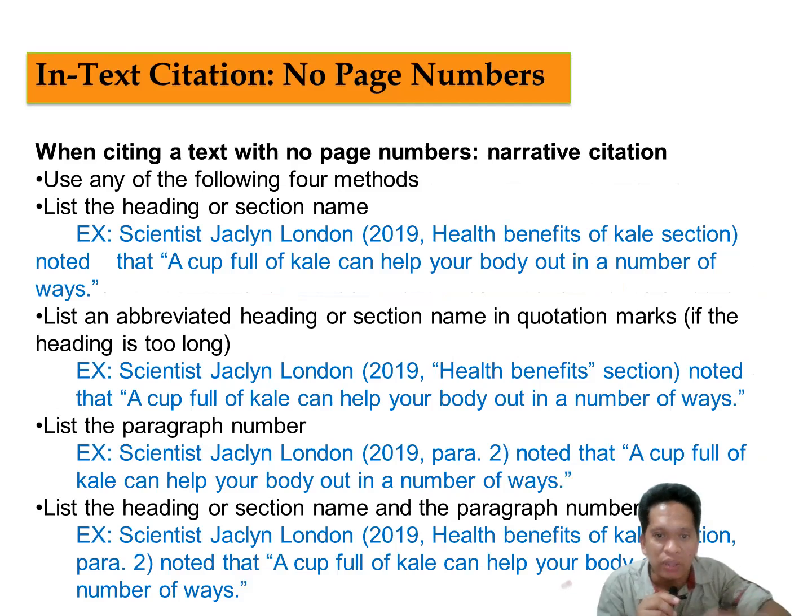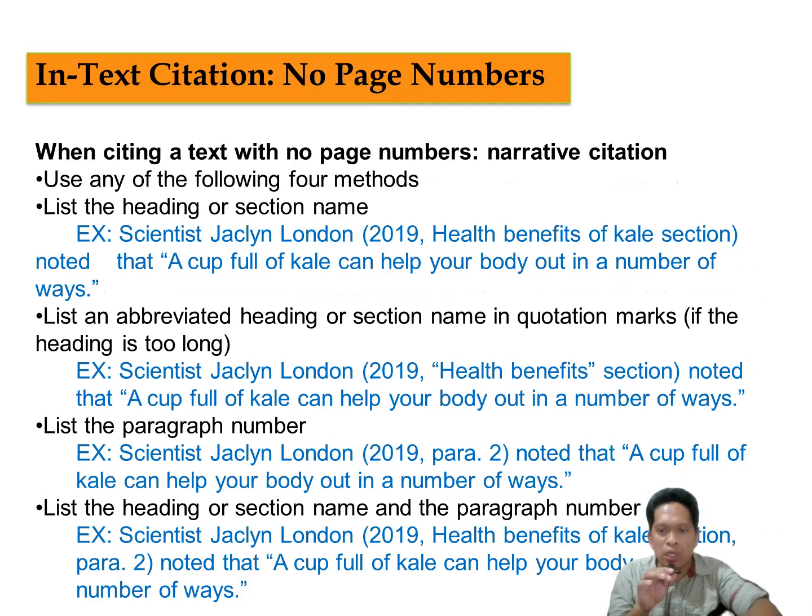Now we are in the narrative. Okay, take note of that. London is in parenthesis in the parenthetical citation, but here London is part of the statement of the narrative. Okay, take note of number 2, same thing.